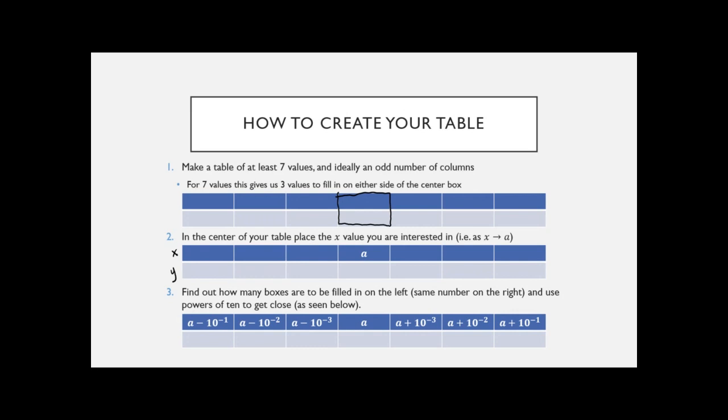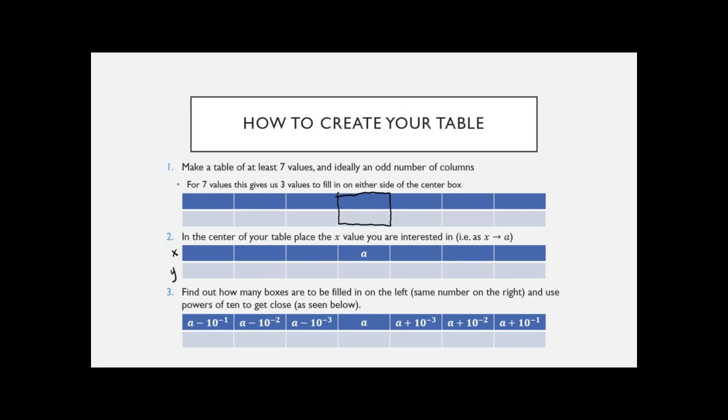It's like you're just moving a decimal place away, and that way you're getting really close to your value, because that's the whole point of the limit, is to get close to it. You don't want to just pick random numbers. You want to see what happens as you get closer by another decimal place.